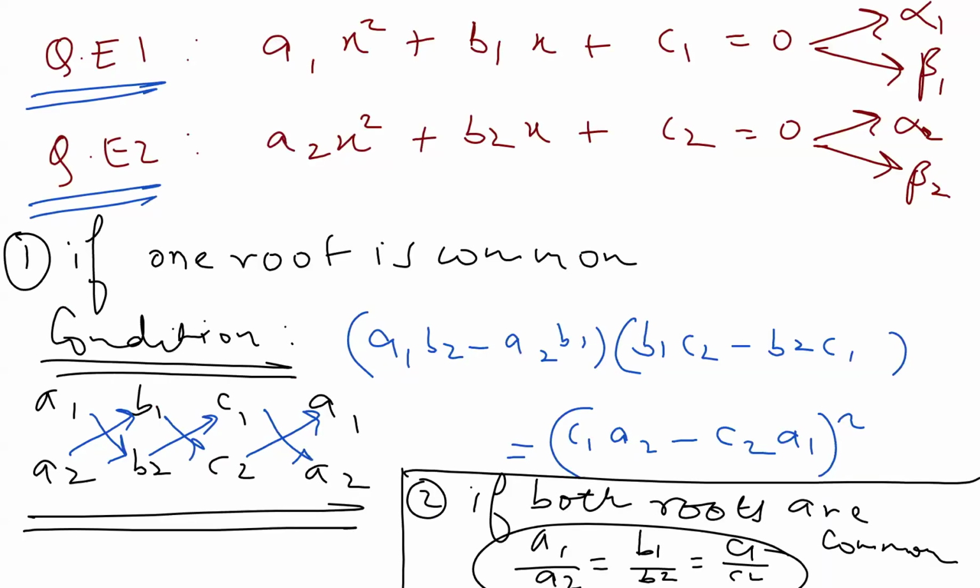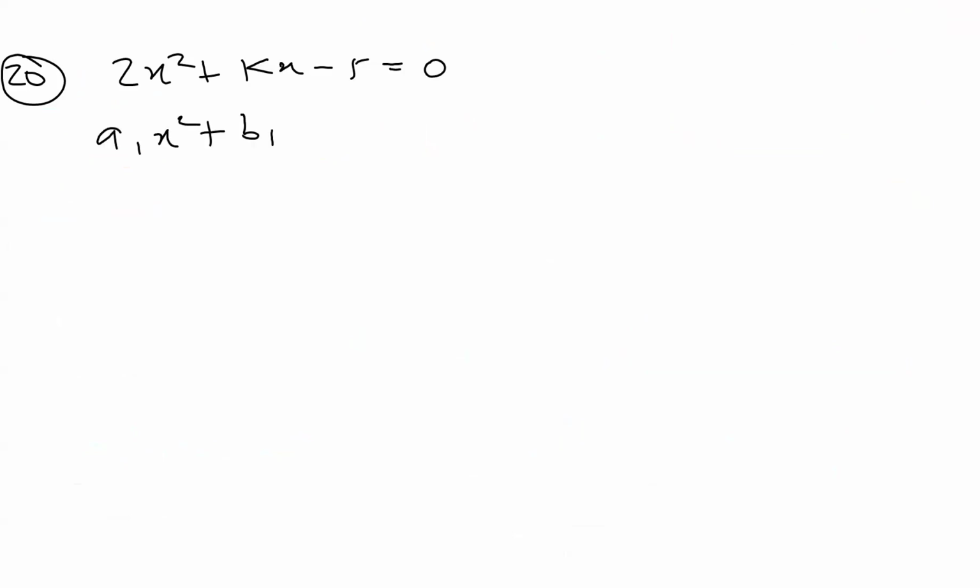So question number 20. 2x square plus kx minus 5 equal to 0. So this is a1x square plus b1x plus c1, because there are two quadratic equations.